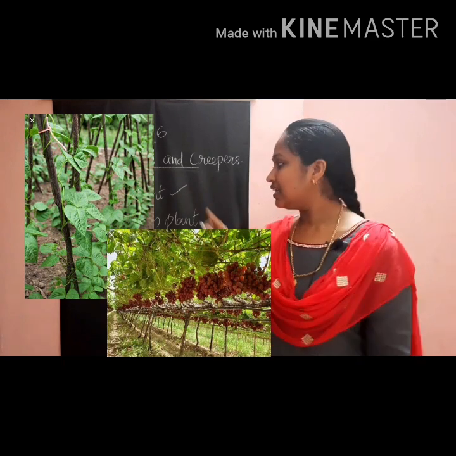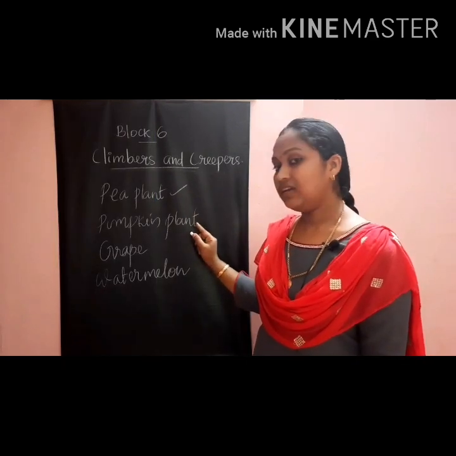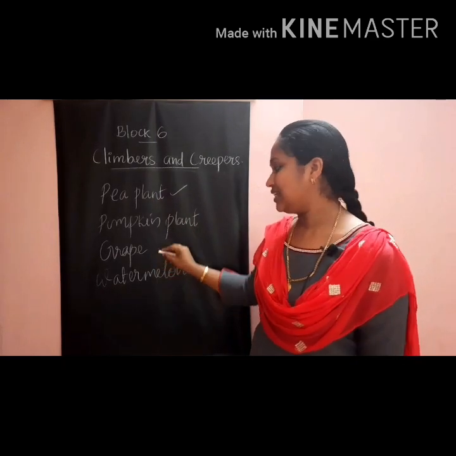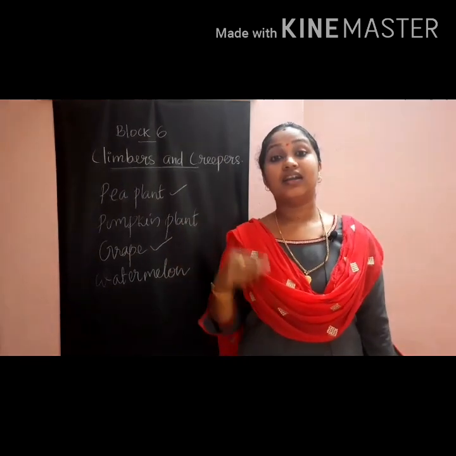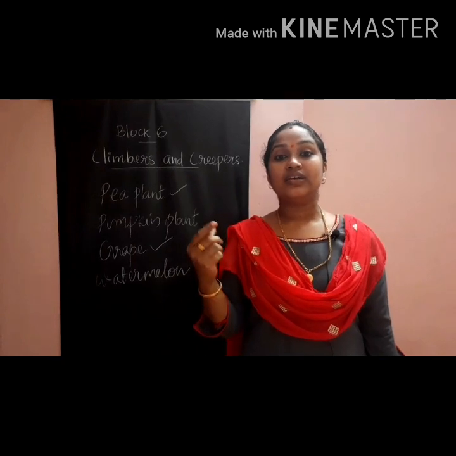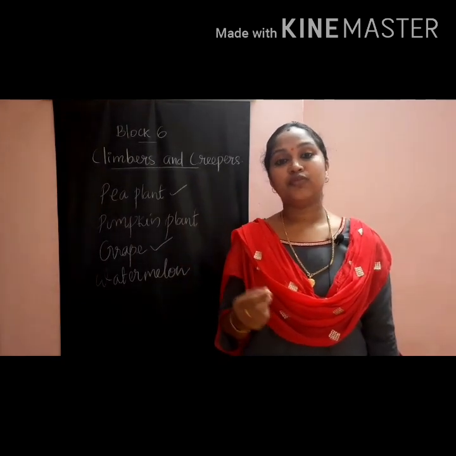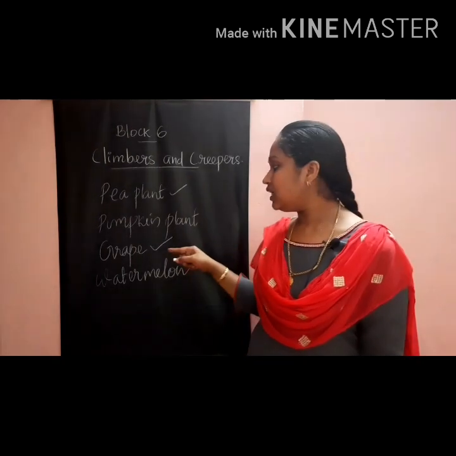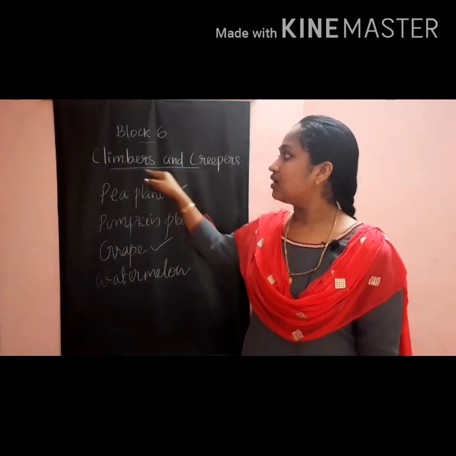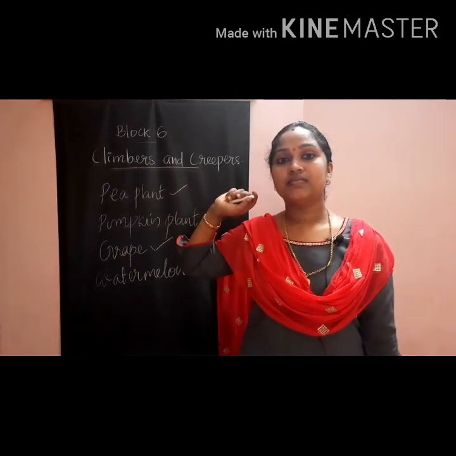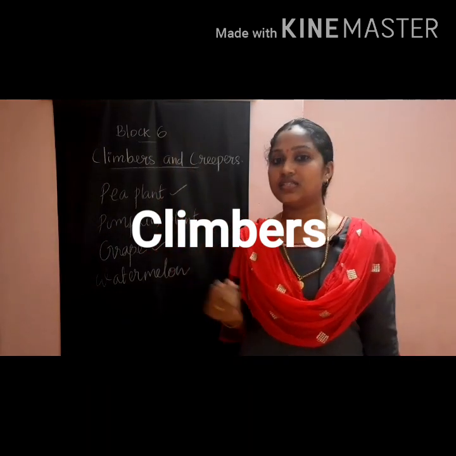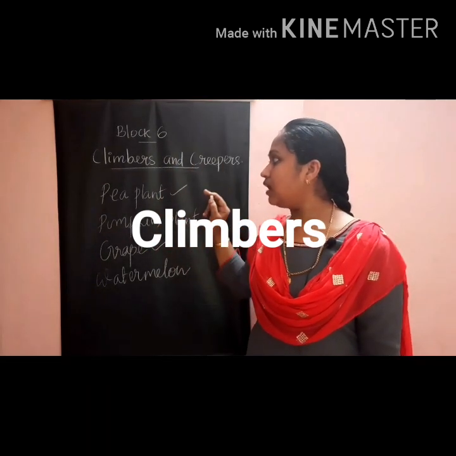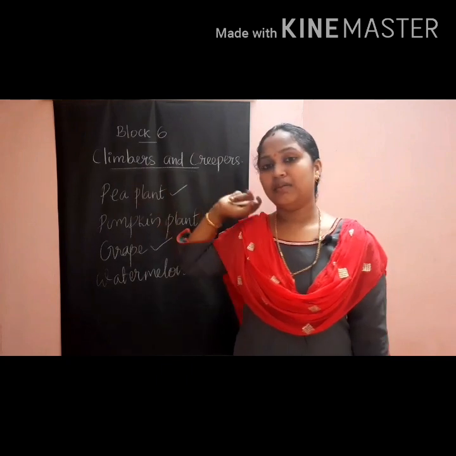Pea plant, then pumpkin? No. Grape? Yes. So, pea plant and grape are climbing up with the help of a support. So, these plants are known as climbers. As their name says, they are climbing up with a support. So, these two come under climbers.